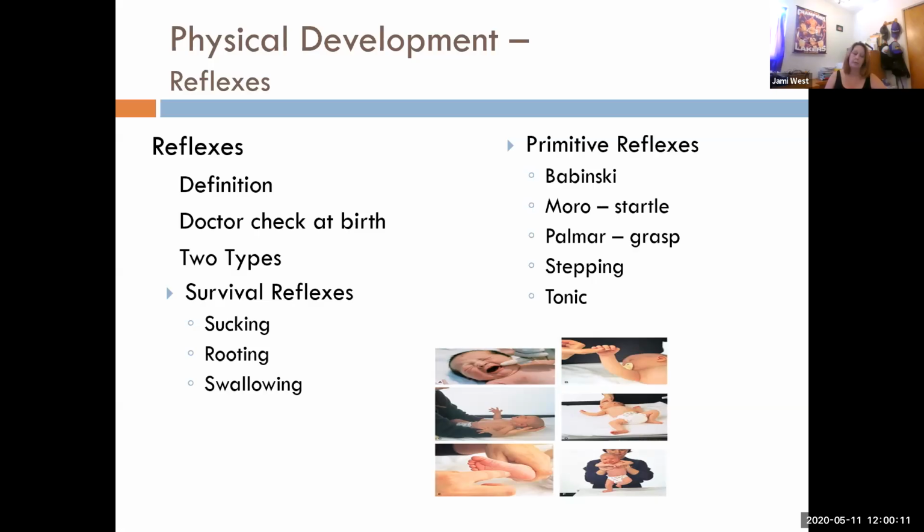Palmar is the grasp reflex. If any of you have ever had an infant grab your hair in a death grip, that is an automatic reflex. I promise you, no infant is pulling your hair to hurt you. They don't have the ability yet to know that they're hurting you. If anything touches their hand, they grab it and hold on automatically. That weakens right around 3 or 4 months and disappears completely around the first year.